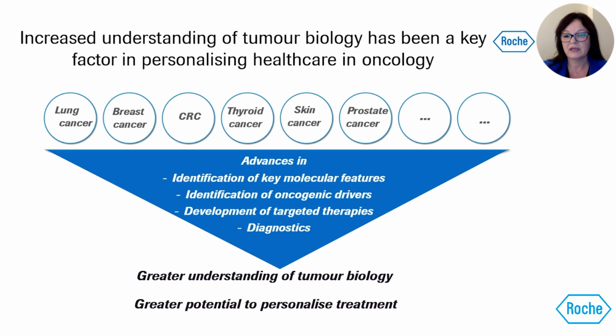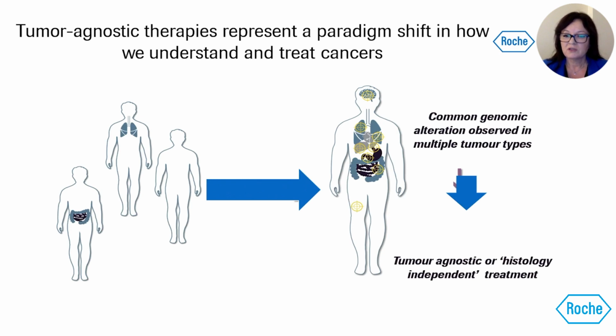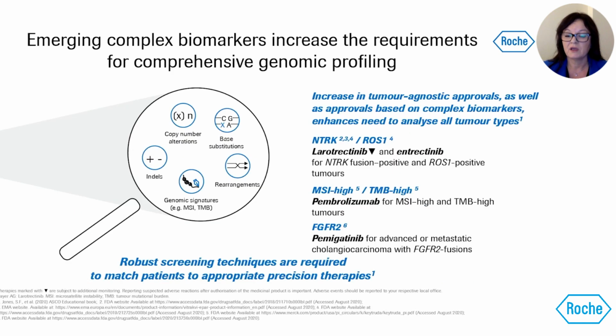We know this in lung cancer, breast cancer, CRC, thyroid cancer, skin, prostate, and head cancer. Tumor-agnostic therapies represent a paradigm shift in how we understand and treat cancer. And we see common genomic alterations observed in multiple tumor types, and tumor-agnostic, histology-independent treatments.